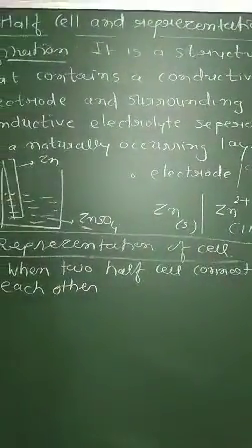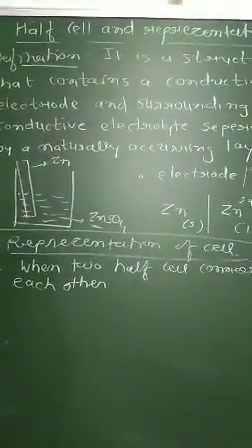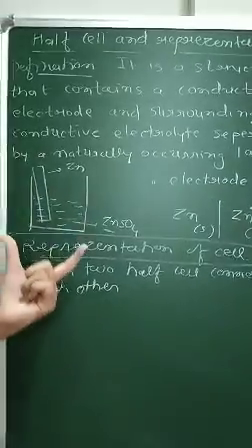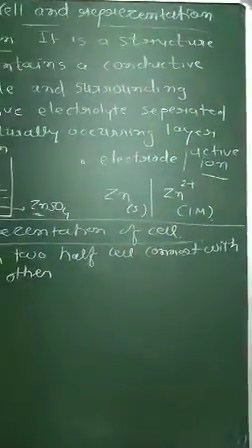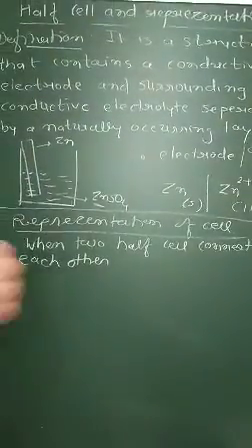At that time a cell will be prepared. Very simple: in Daniell cell, we put the word cell behind Daniell because there are two half cells, one beaker with ZnSO4 and in the other beaker we have taken CuSO4. So when two half cells connect with each other, a cell is created.